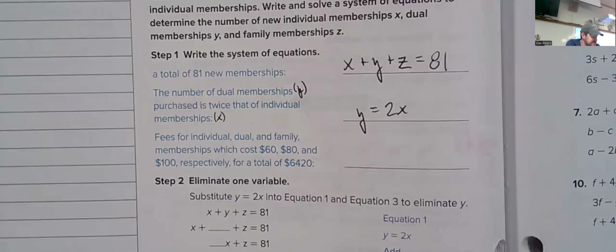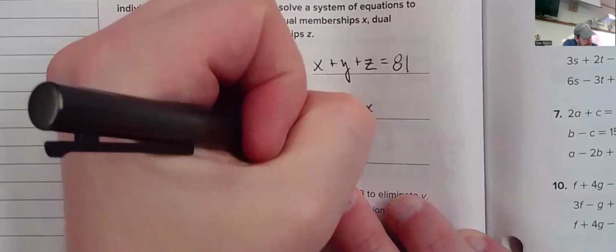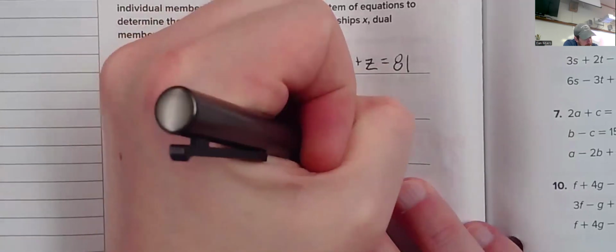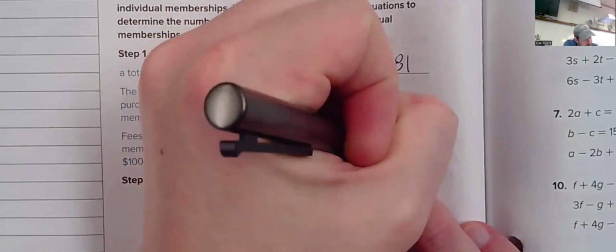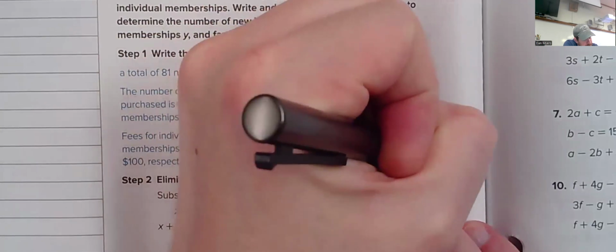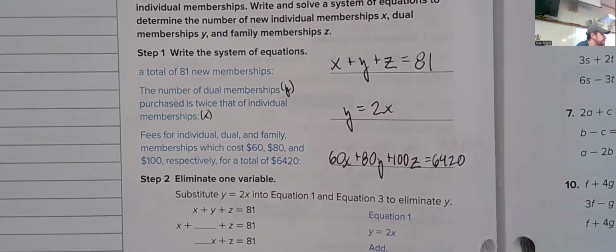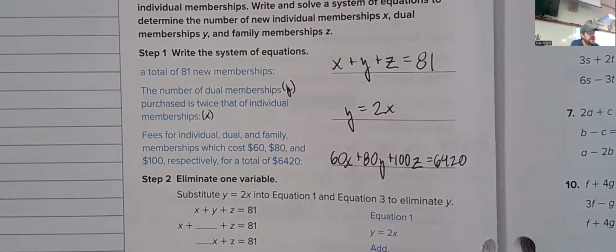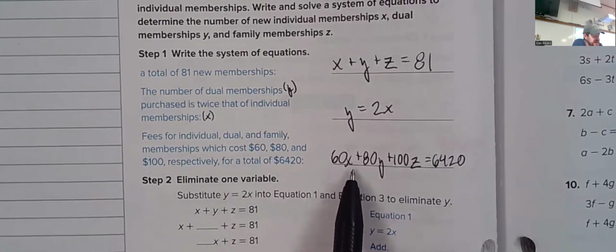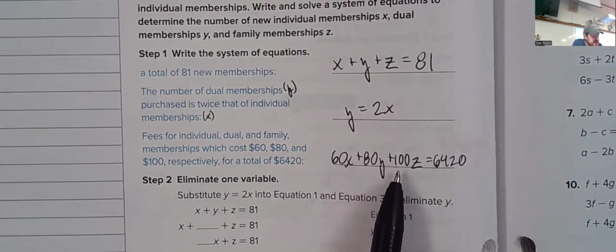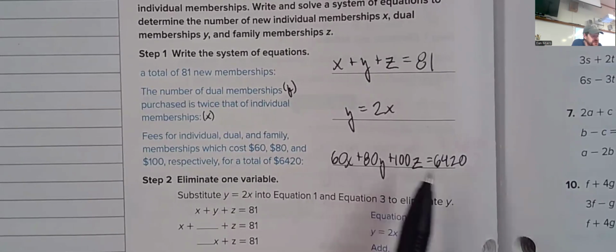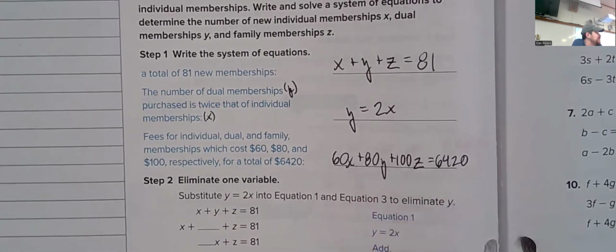Thoughts on this one? Yeah. Total amount of money. So $60 times the number of individuals plus $80 times the number of duals plus $100 times the number of families equals the total amount of money, which is $6,420.